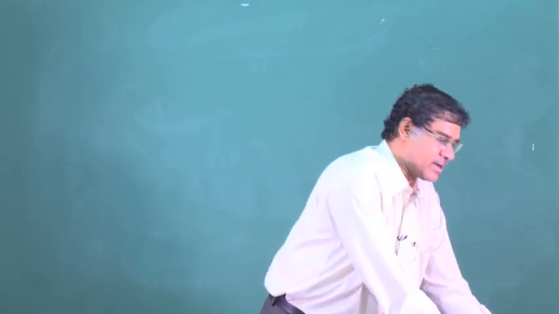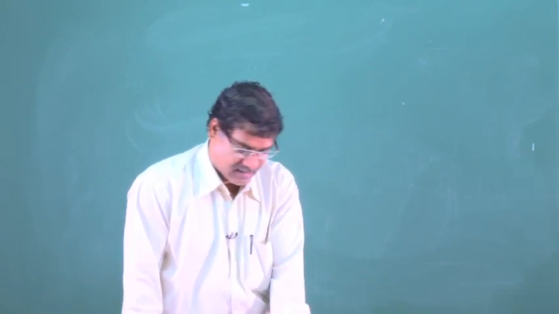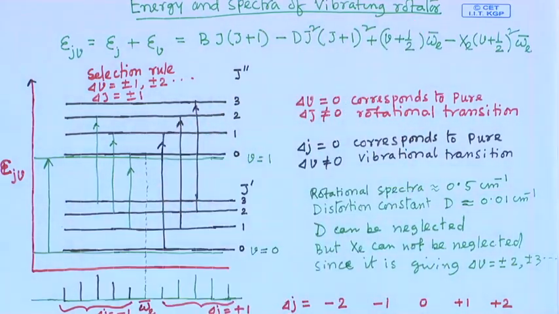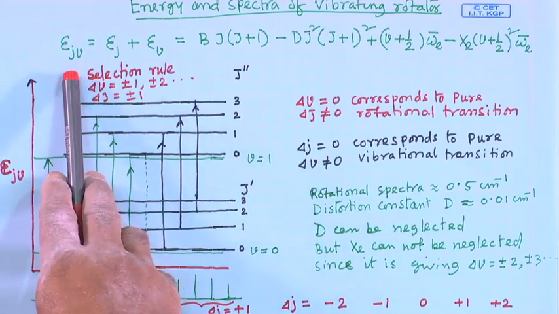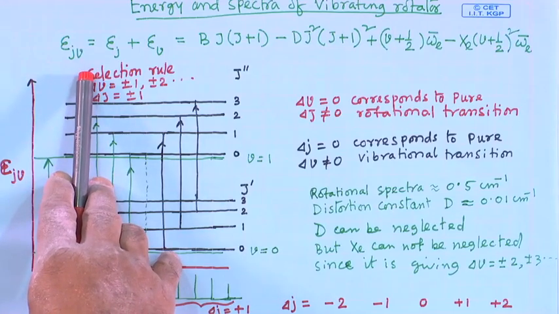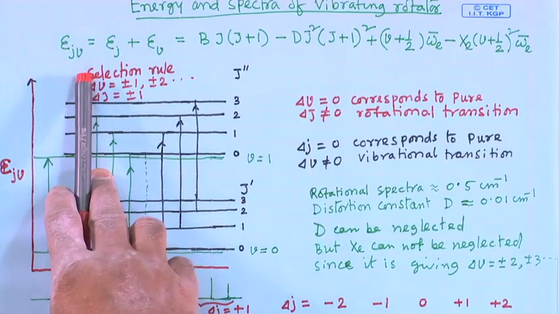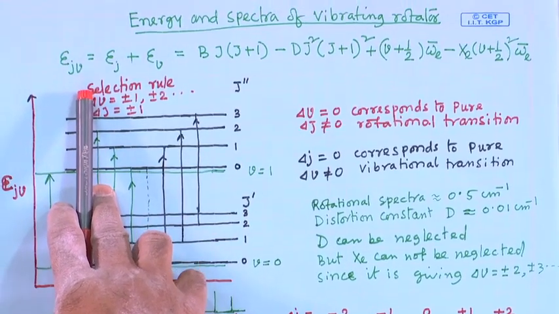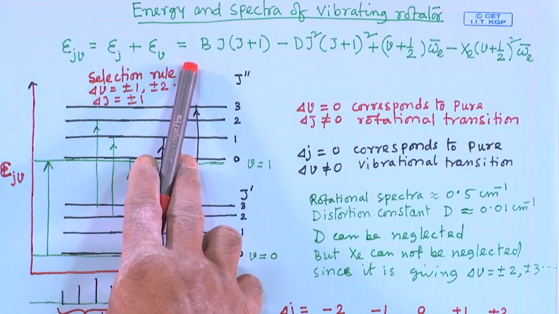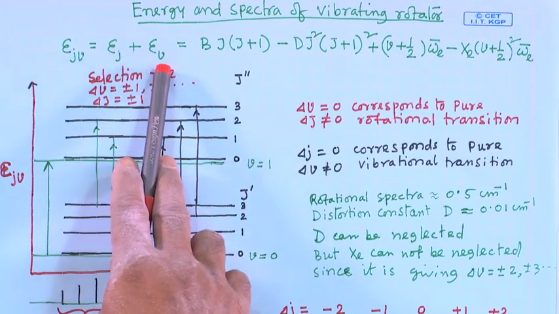Already we know the individual energies, that is, energy and spectra of a vibrating rotator. You have seen this E J V. Now, J is for rotational and V is for vibration. So, E J V equal to E J plus E V, rotational energy plus vibration energy.